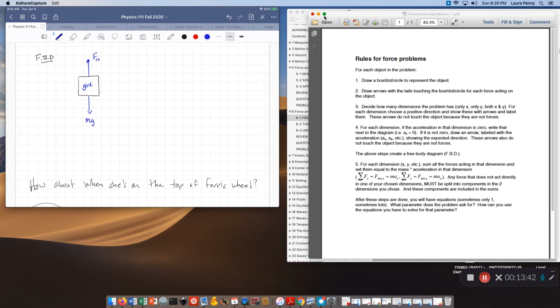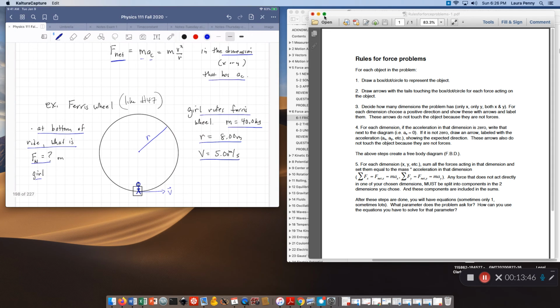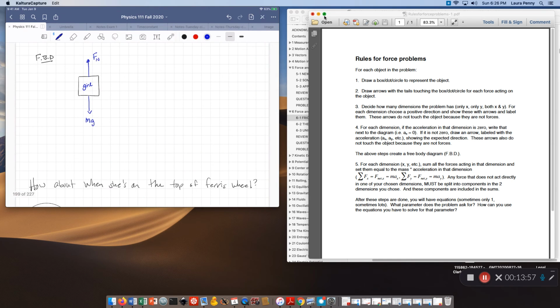Now that's really all that's touching her, right? Gravity can pull on her without having to touch her, and then the chair is pretty much the only thing that's really touching her, and so it's the only thing that's exerting a force. So there's a normal force being exerted on her. I'll go ahead and say positive y is up.